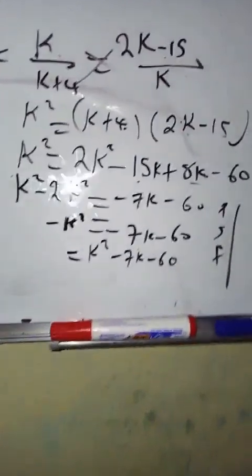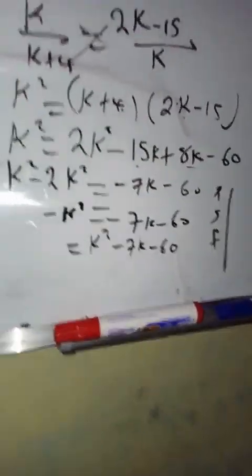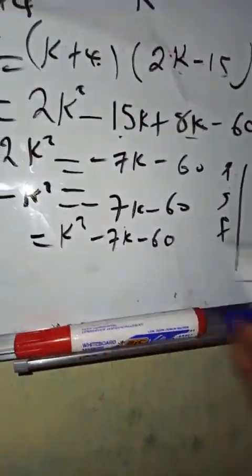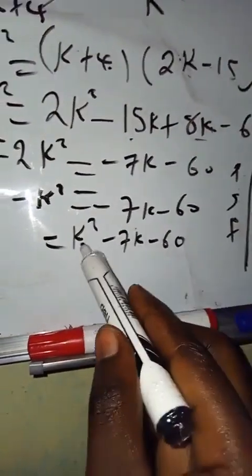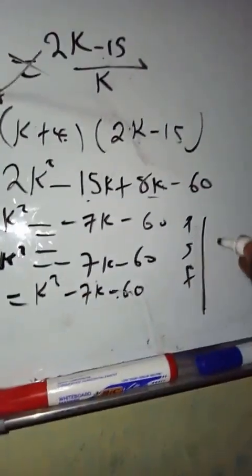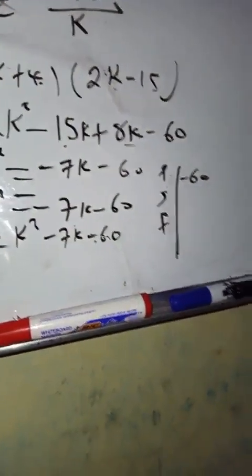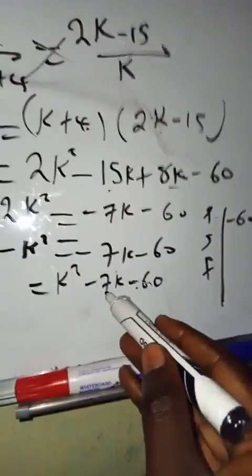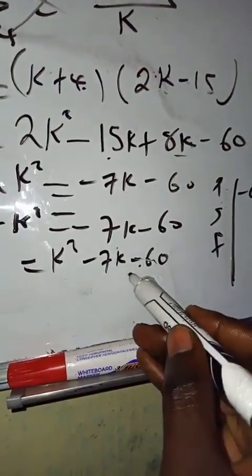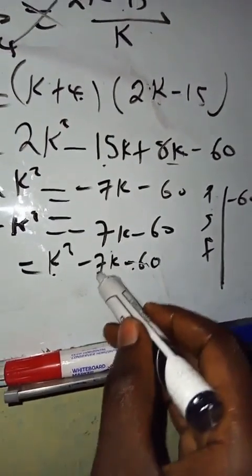Okay. And therefore, having said that, let's now find the product. What's the product? What's the coefficient here? The coefficient of K squared is 1, right? 1 by this negative 60. 1 times negative 60, that would be negative 60. What's the sum? The coefficient of the middle term. First term, second term, third term. So what's the coefficient here?